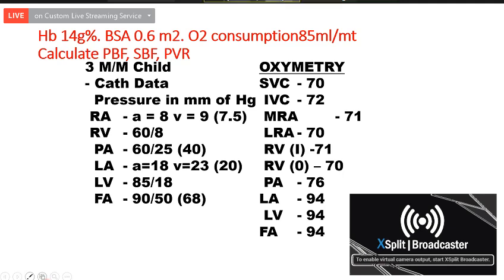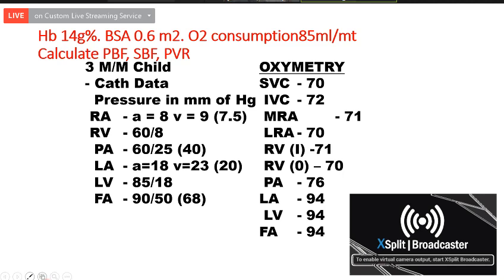Okay. Step up pressure. Then PA is the same, sir. Systolic is the same, 60. Diastolic in PA it is 25. Mean is 40. So RV and PA pressures are elevated. There's some degree of elevation, moderate pulmonary artery hypertension. Okay, right. Yes.